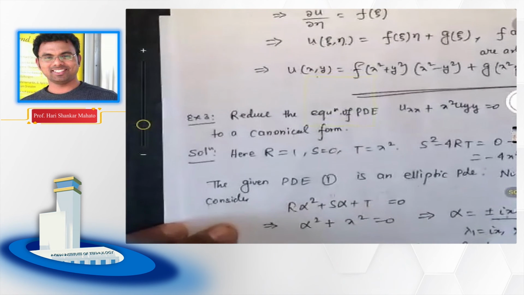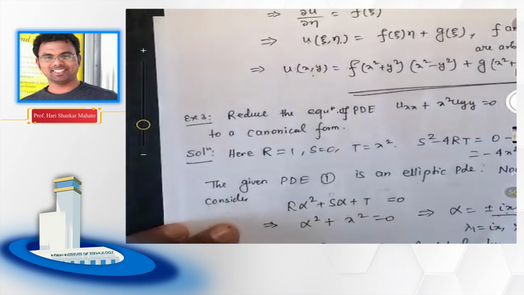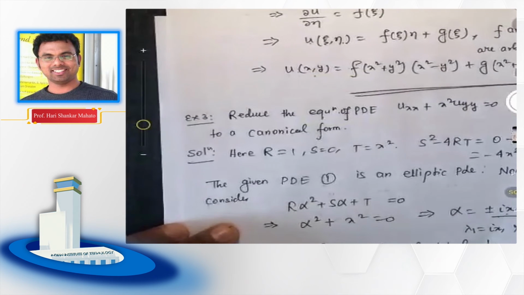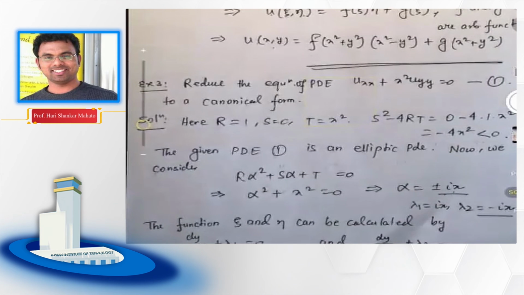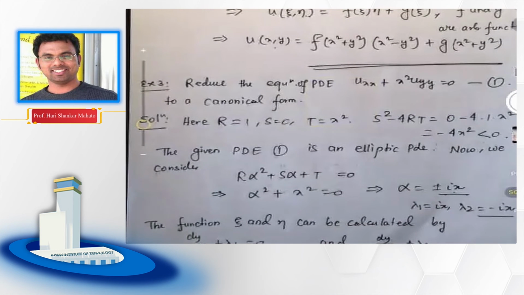From here I will get y plus i x square by 2 equals some c1, and y minus i x square by 2 equals c2. So I multiply both sides by i.